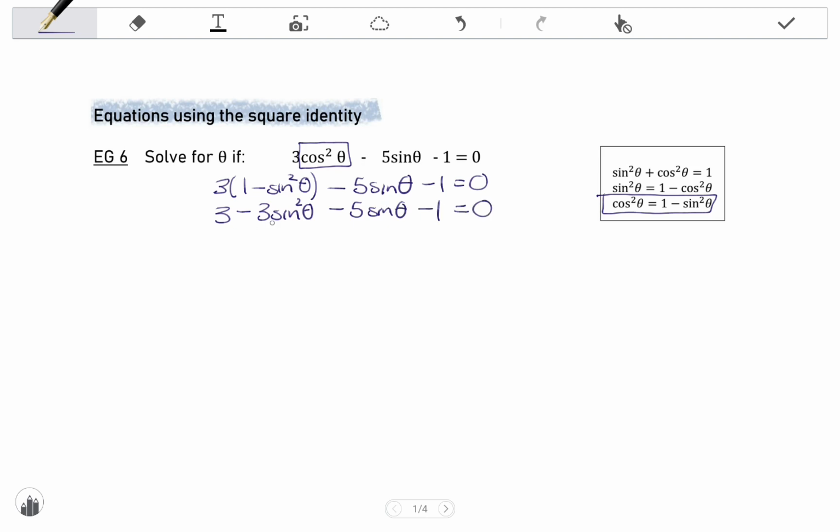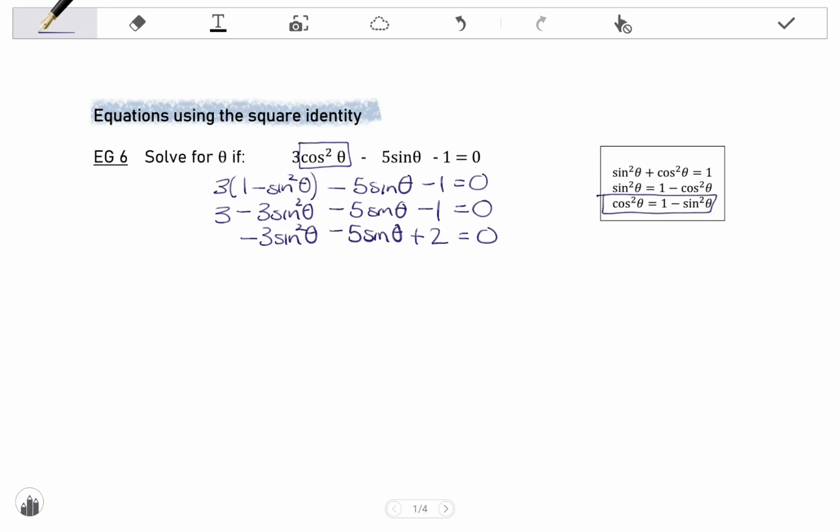I still have like terms, so I continue simplifying. So I have negative 3 sin²theta minus 5 sin theta, and 3 minus 1 is positive 2. I now have a trinomial that has only sin theta as my variable. It's a variable because the theta can change.